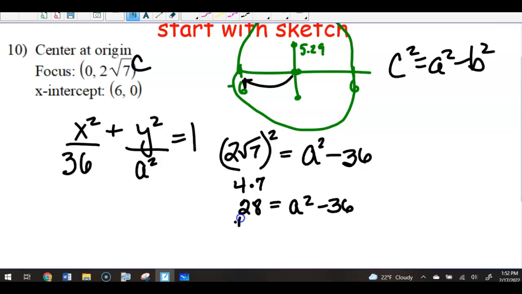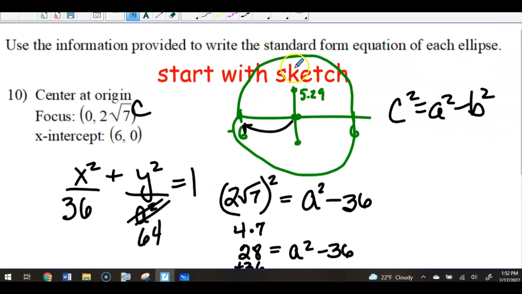So if we add 36 over here, what do you know? We get 64, which sounds like a really nice perfect square to be a squared. So all we're going to do is replace that with a 64, which means that we were out at 8 either way here, and here would be down at -8.